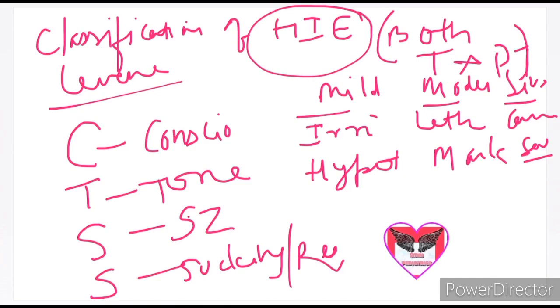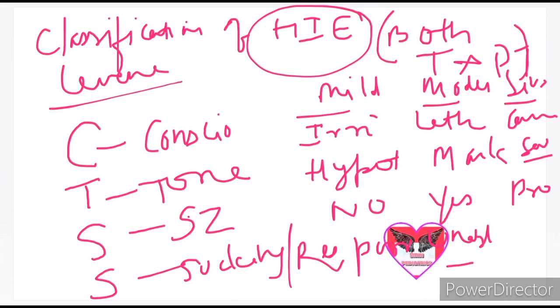In seizure there is no seizure in mild HI, in moderate we have seizure, and prolonged seizure in severe HI. And suckling: there is poor suckling in mild, unable to suck in moderate, and in severe HI the child is unable to sustain respiration and needs ventilation.